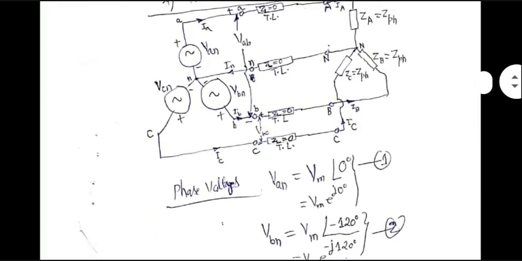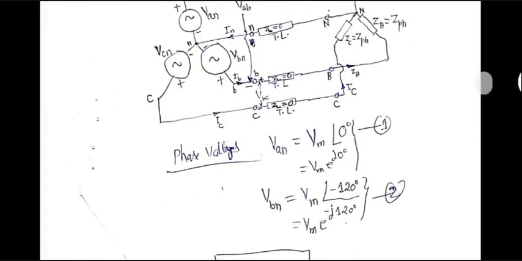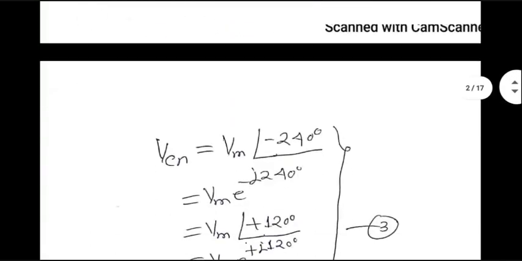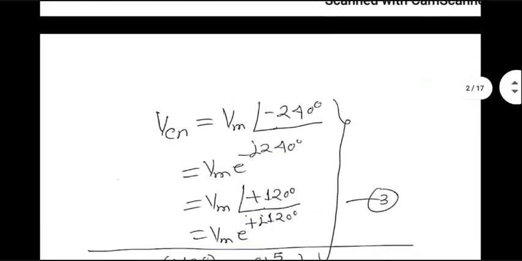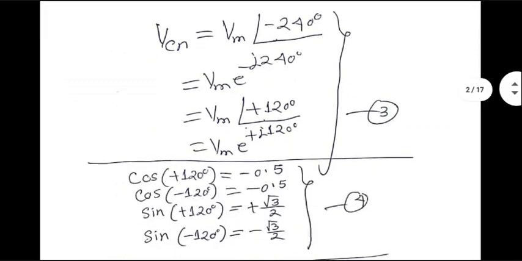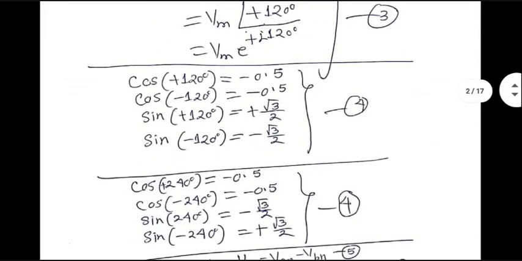Now, assuming positive phase sequence, that means ABC sequence, VAN is VM at 0 degrees, VBN is VM at minus 120 degrees, and VCN is VM at minus 240 degrees, which means VM at plus 120 degrees. Either way, it's okay. You can calculate these values on the calculator, I know, but I am keeping them in the document for the sake of reference.